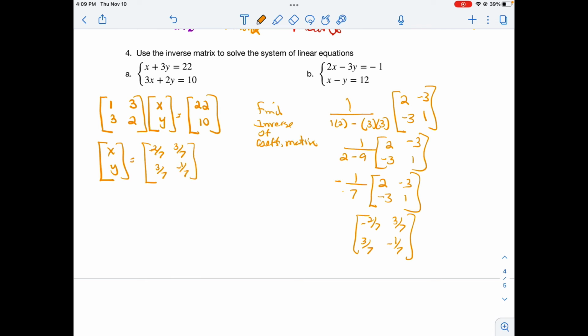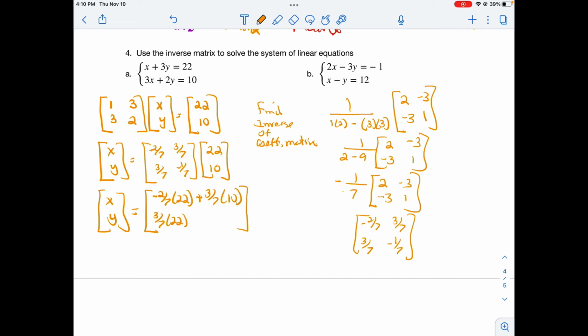And I need to multiply this by my constant matrix. And so our answer, our variable matrix x, y, is going to equal this product. I got negative 2/7 times 22 plus 3/7 times 10, and that's my first row, first column. Now I'm going to do second row, first column: 3/7 times 22 plus negative 1/7 times 10.